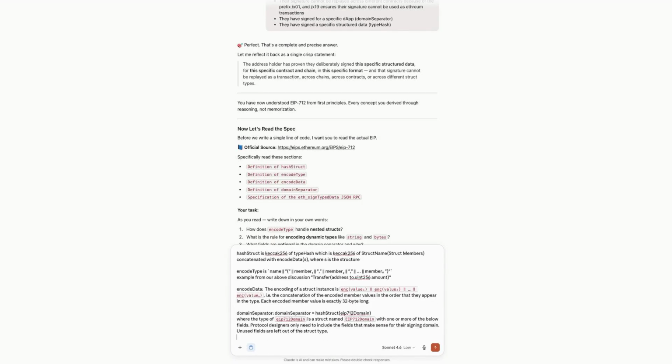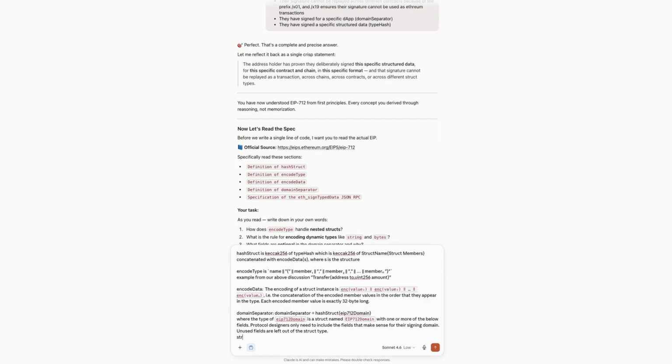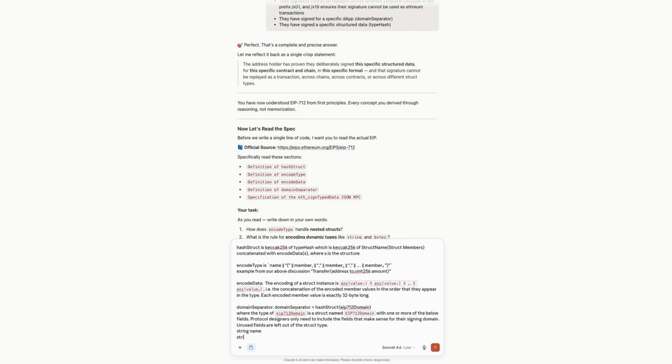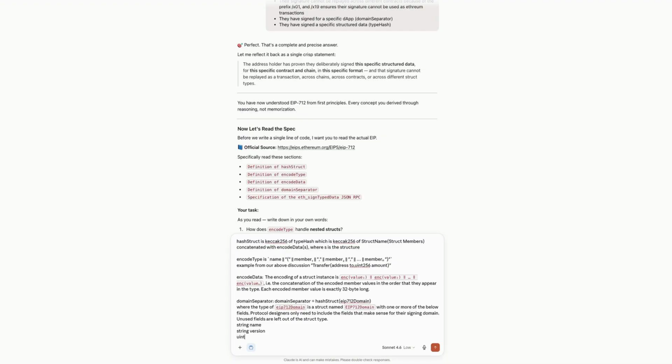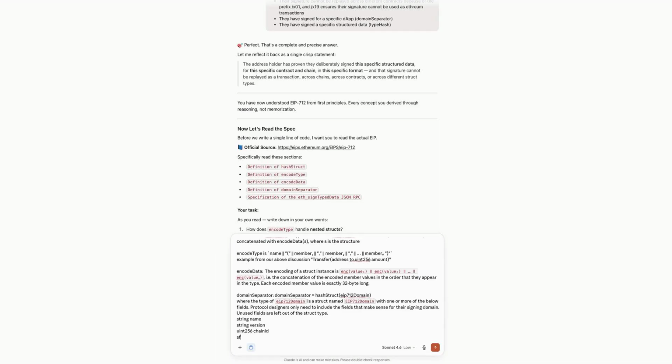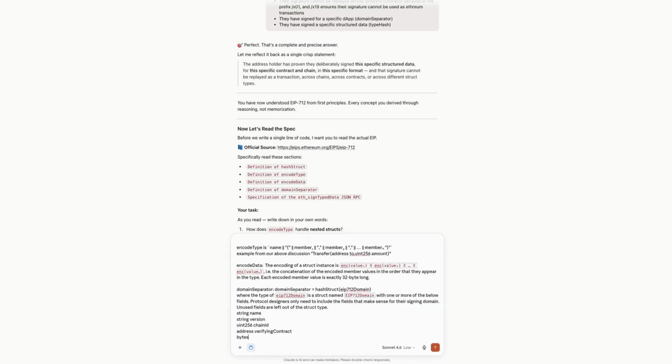I'm just copy pasting it: string name, string version, then we have uint256 chainId, then address verifyingContract, then bytes32 salt.